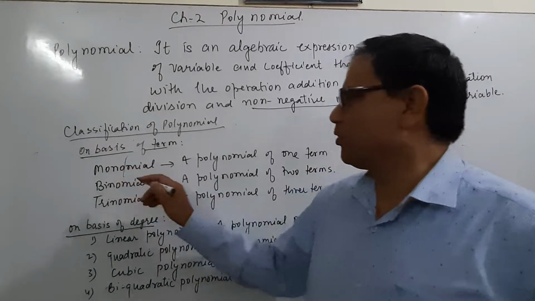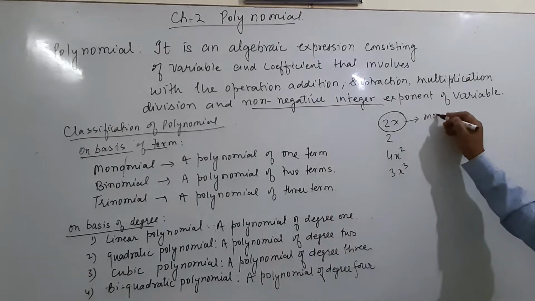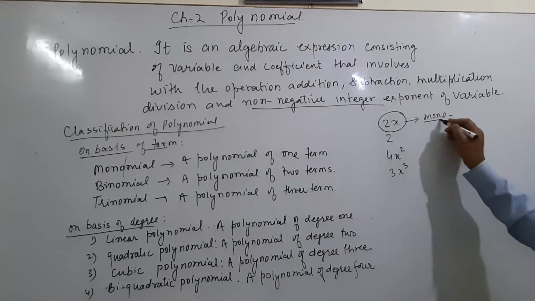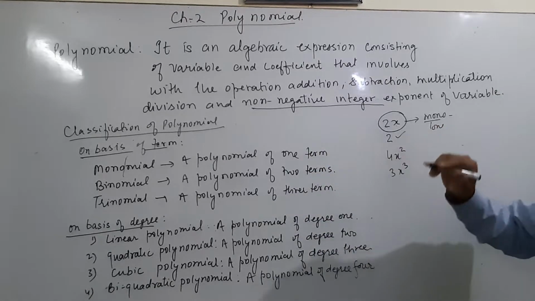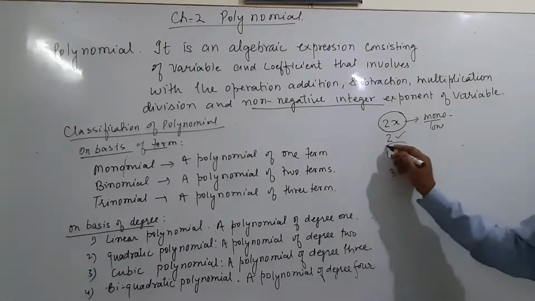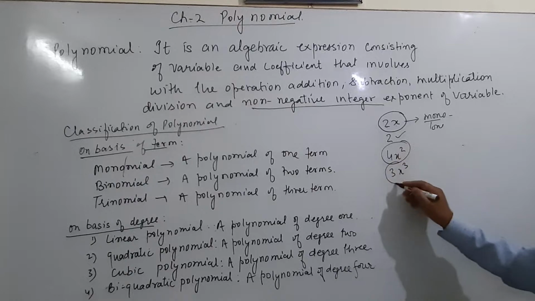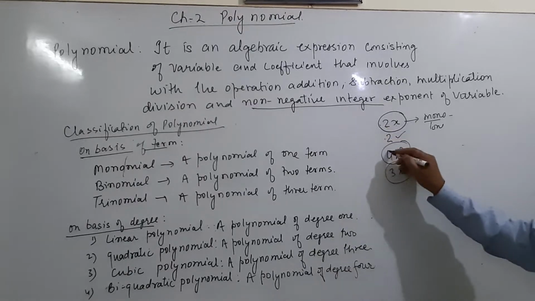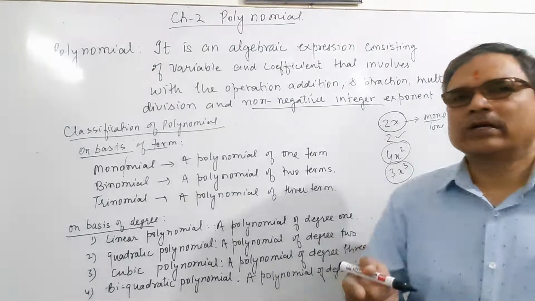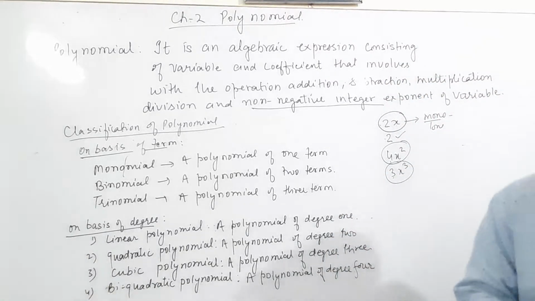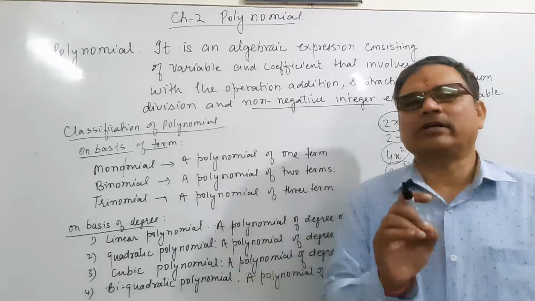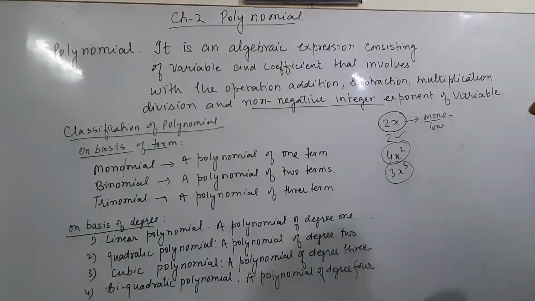Mono means one term. 2 is also one term, 4x square is also one term, 3x cube is also one term. All are examples of one term. Therefore, these are called monomials. Why? Because they have only one term.